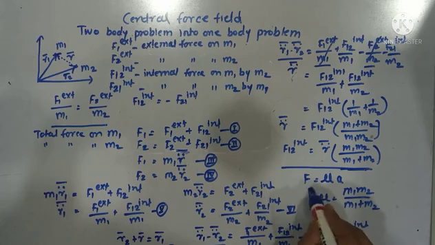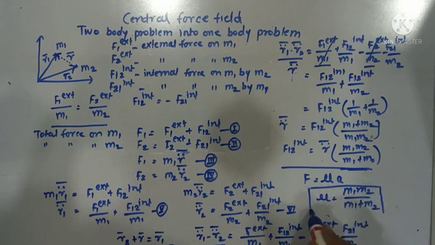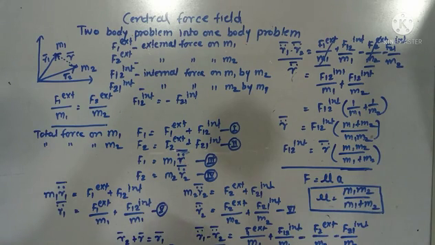This is called the reduced mass of a two particle system. So what we have done, basically, we have converted the two body problem into the one body problem. That is, we have replaced the mass of the two body problem with the reduced mass.